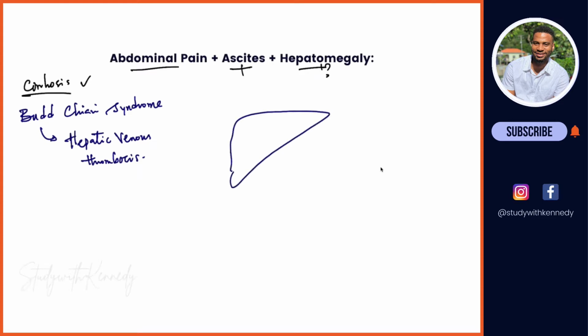We basically have the liver, and we have the portal circulation coming in that way into the liver, and then we have your hepatic vein leaving the liver and going into the inferior vena cava. And of course the inferior vena cava is going to return blood into the heart. And somewhere here in this portion of the hepatic vein is where the obstruction is.